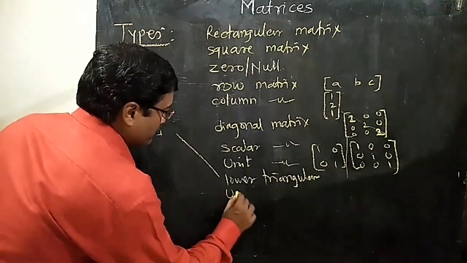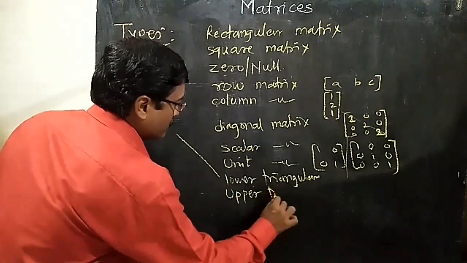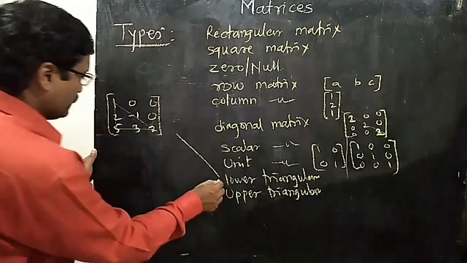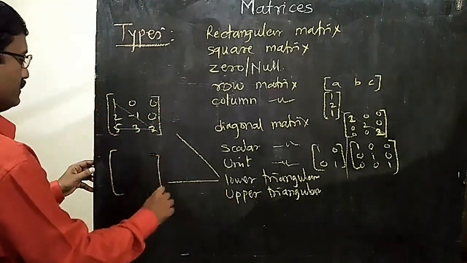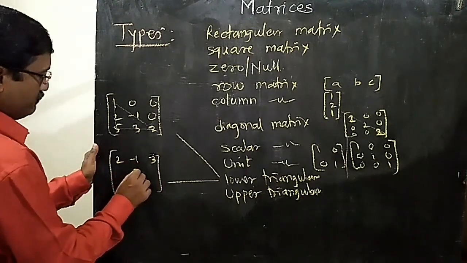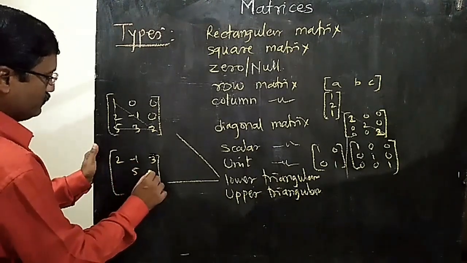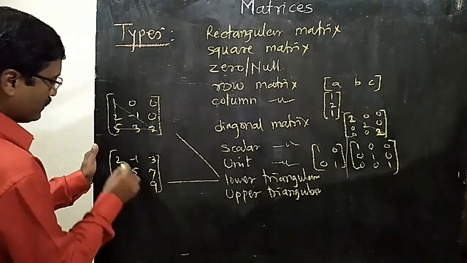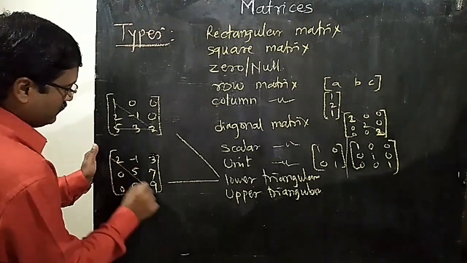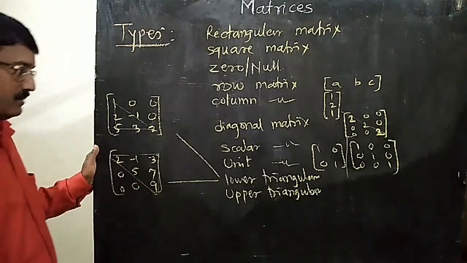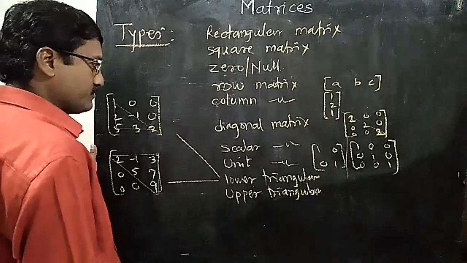The next type is upper triangular matrix. In this case, the non-zero elements are at upper triangle, suppose 5, 7, 9, and these elements are 0. So here non-zero elements form a triangle, so it's an upper triangular matrix.